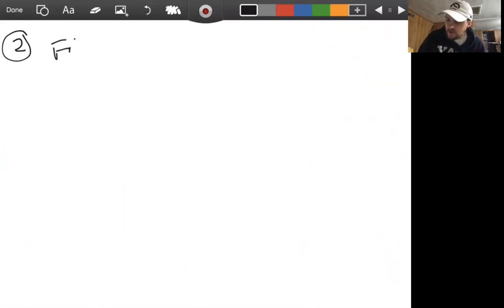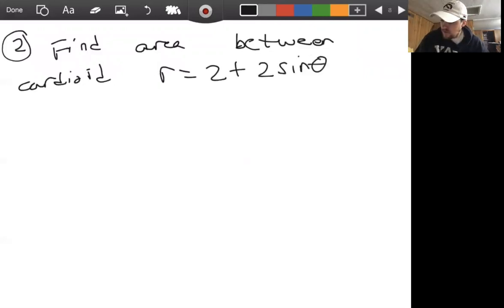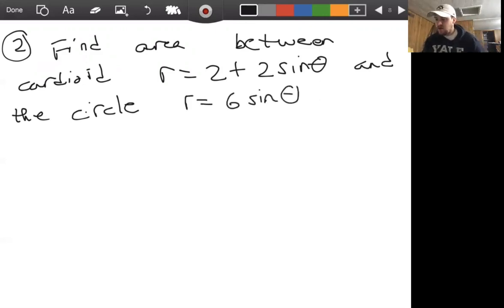So let's find the area between the cardioid, let's go with r equals 2 plus 2 sine theta, and the circle r equals 6 sine theta. So we want the area between these two things.